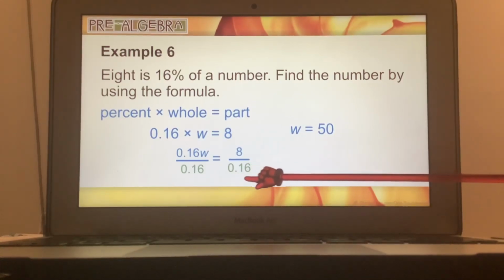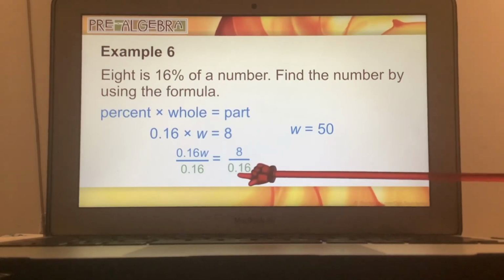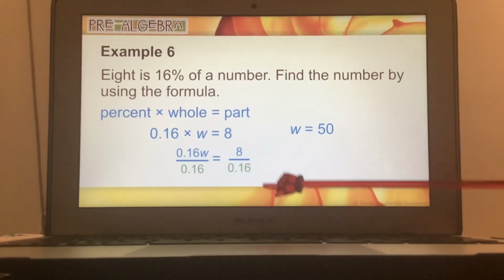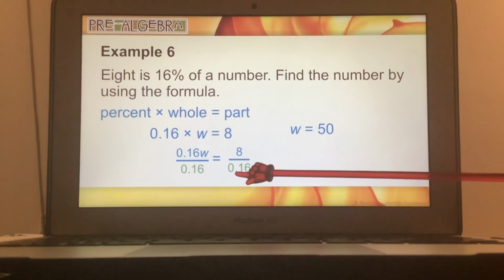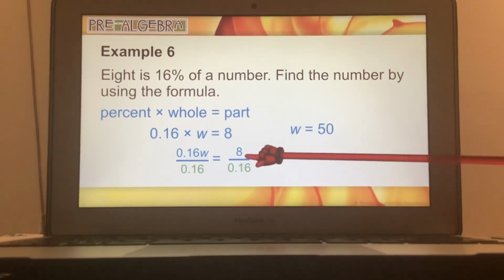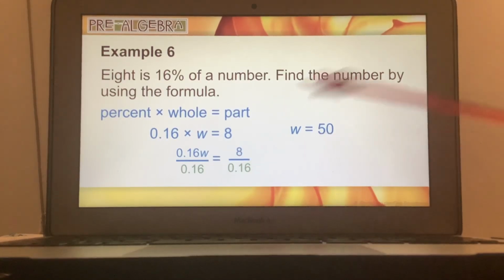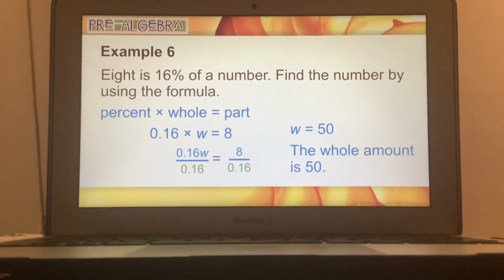You're going to have to eliminate this decimal in order to divide it into 8. You'll have to move the decimal over 1, 2, but then that means for the 8, you're also going to have to move the decimal, add zeros, and move it over 1, 2 places before you do the division. And then that's how you end up with 50 as your final answer. The whole amount is 50.